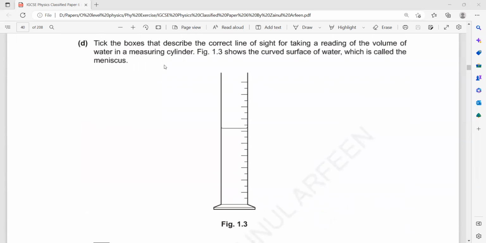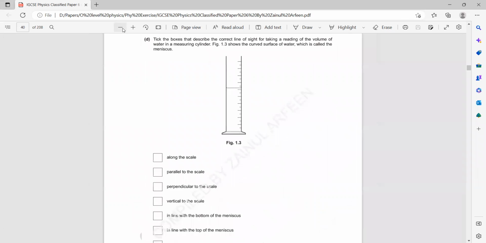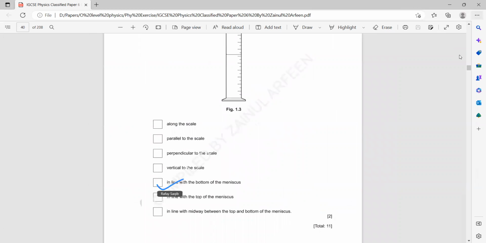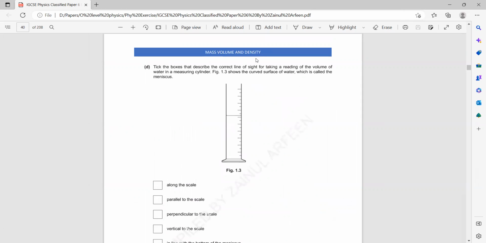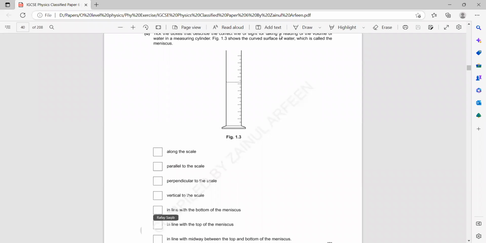The next one: tick the boxes that describe the correct answer. So we have to tick boxes. I will read the question. You will use the screen annotation. Just a minute, let me arrange. You have to tick the one describing taking a reading. So what should we do to avoid the error from the line called the meniscus along the scale?